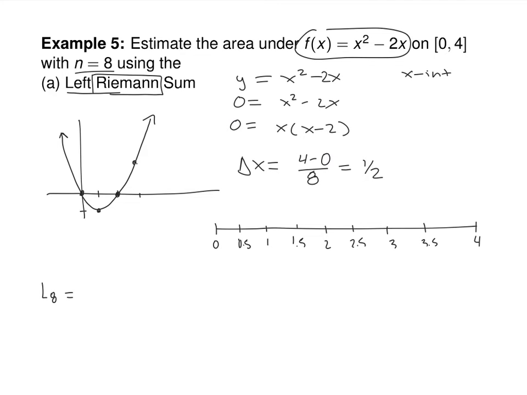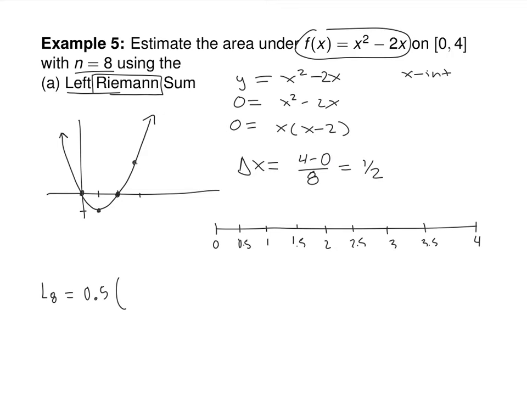So if we do the left sum, what is the common width of every single rectangle? 1/2 or 0.5, either way. And then how do you find the heights? You find the y's, and how do you find the y's? Plug the numbers into the function, right?